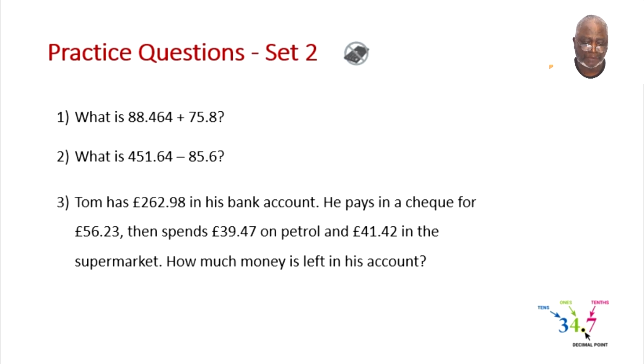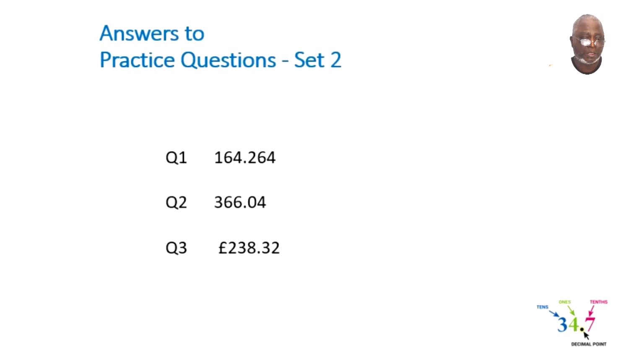How much is left in his account? Follow the principle. Line up your decimal points, do your additions, fill in the zeros if you have to, and then do your calculations. And that's your answer. Question 1, question 2, and question 3.